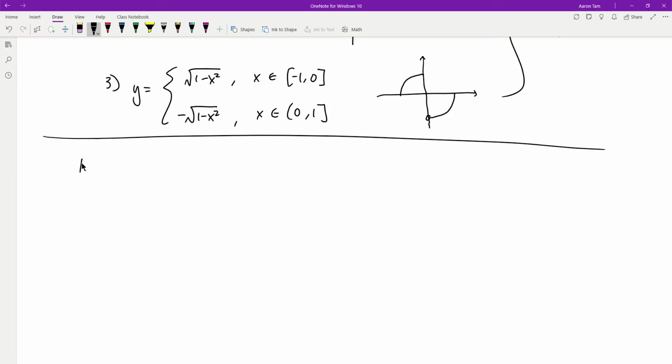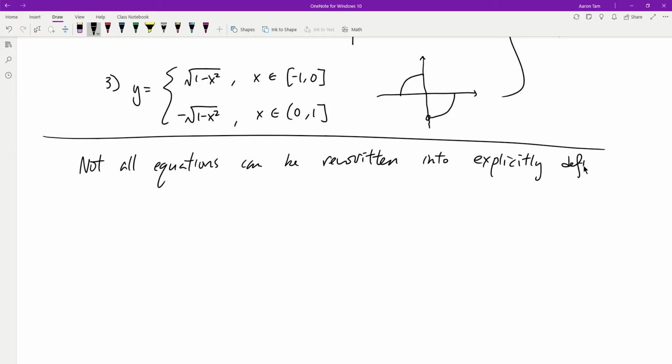The problem is not all equations can be rewritten into explicit form, into explicitly defined functions. Some can, but some cannot. An example of that would be the following.